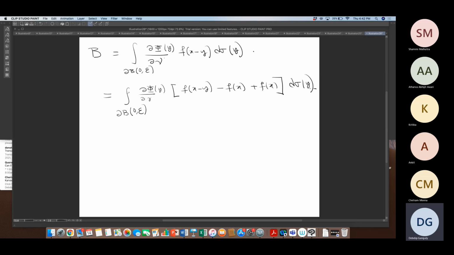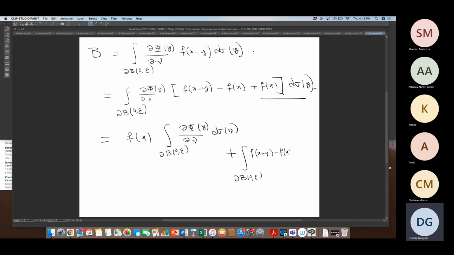Okay, clear? Okay. So I take f of x, which is a constant: f of x times the integral over del B_0 epsilon of del phi y by del nu d sigma y, plus the integral over del B_0 epsilon of f of x minus y minus f of x, d sigma y. Okay? I have done nothing. So you concentrate first here.